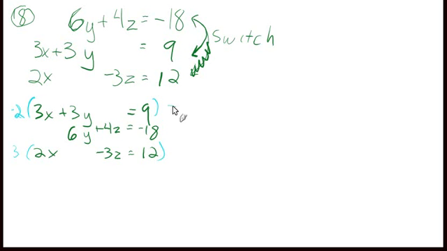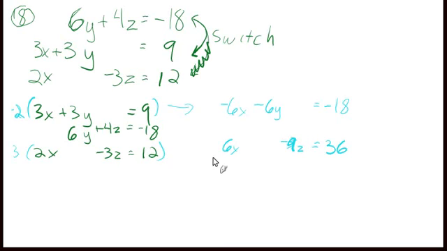Negative 6x minus 6y equals negative 18. And 6x minus 9z equals, what were we looking at here? 36, yeah.